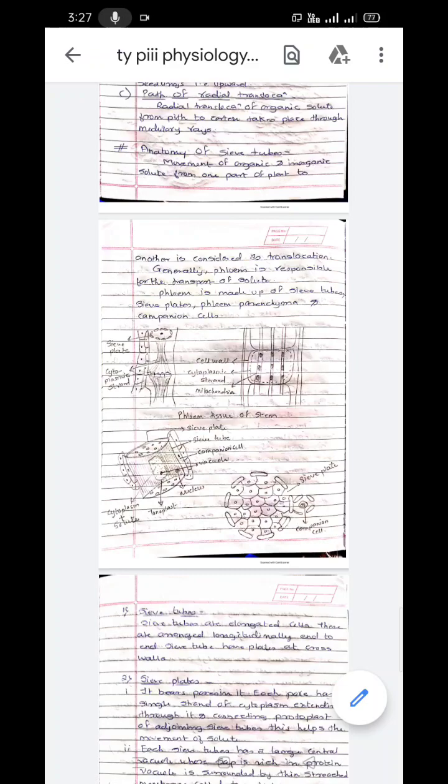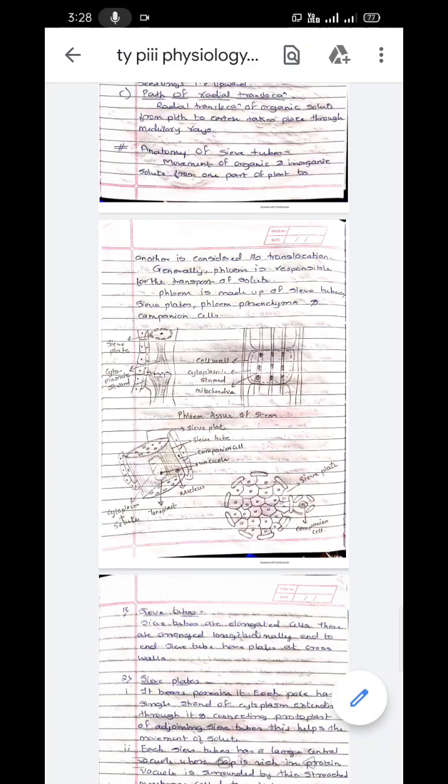In the phloem tissue of the stem, the outer layer is the cell wall, then inner to the cell wall there are cytoplasmic strands, and on those cytoplasmic strands different mitochondria are present.